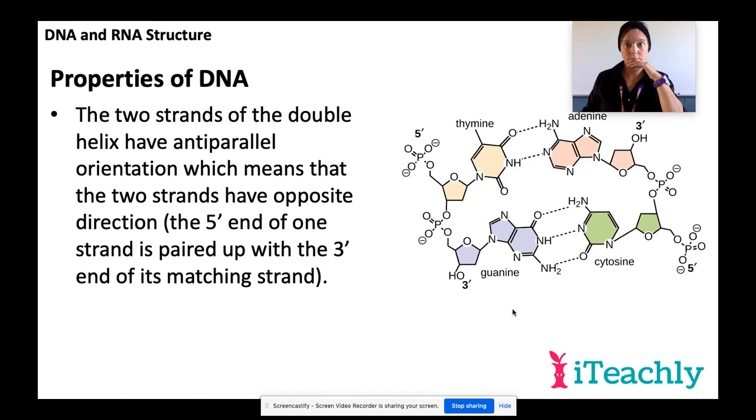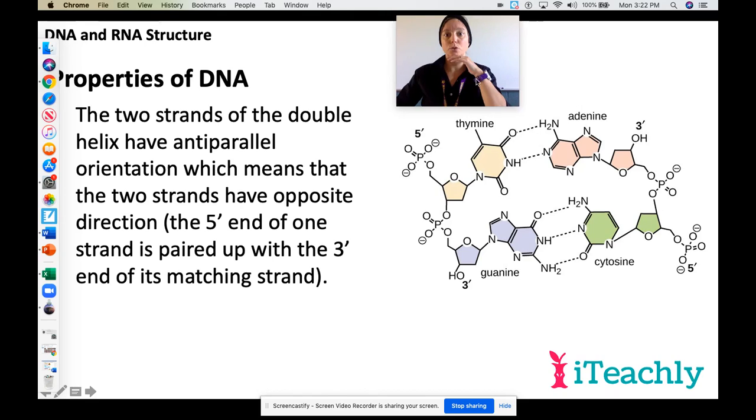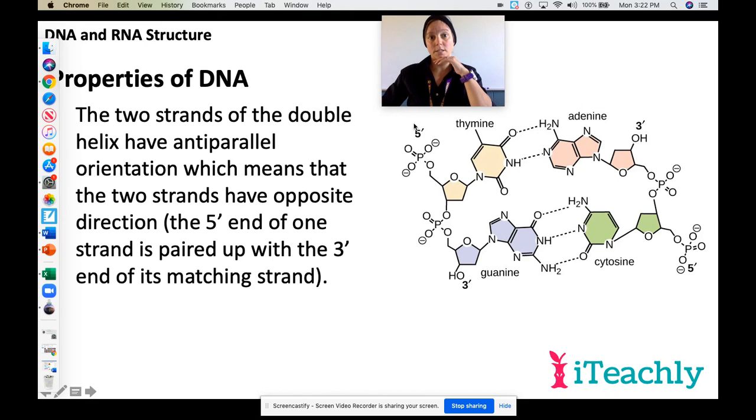So again, we're looking at these two strands, and we discussed this before. This is your 5' and your 3', and we can really see it more closely here. And so these two strands, even though they're bonded adenine and thymine, the one strand has to flip upside down in order for those two bases to come meet.